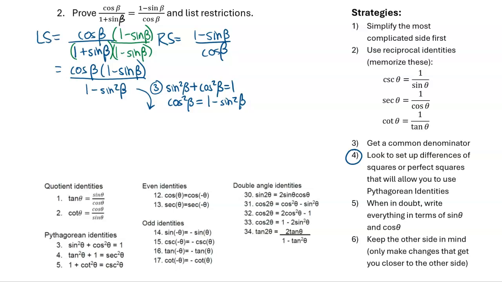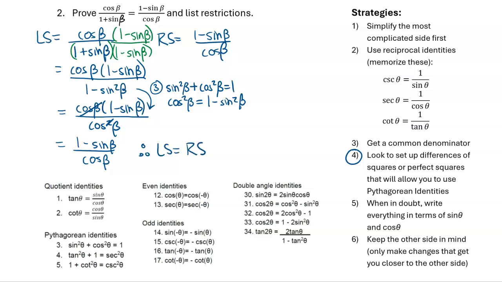And so I can rewrite this as cos of beta times 1 minus sine beta on the numerator divided by cos squared beta. And very nicely, that cos of beta on the top cancels out with one of the two on the bottom, leaving me with 1 minus sine of beta over cos of beta. And that proves that the left side is equal to the right side.